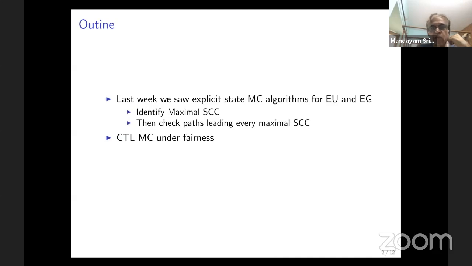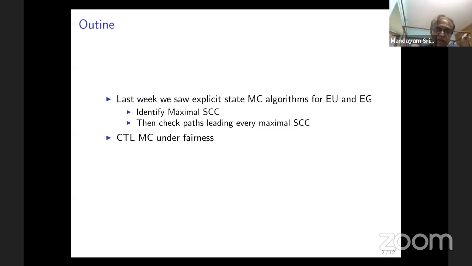So what we will be doing today, I briefly mentioned fairness. A couple of times we have seen what the issues there are, and had indicated that I'll later be talking about how to incorporate the fairness constraints into the model checking algorithm, specifically what kind of modifications to the explicit state model checking algorithm that we went through.